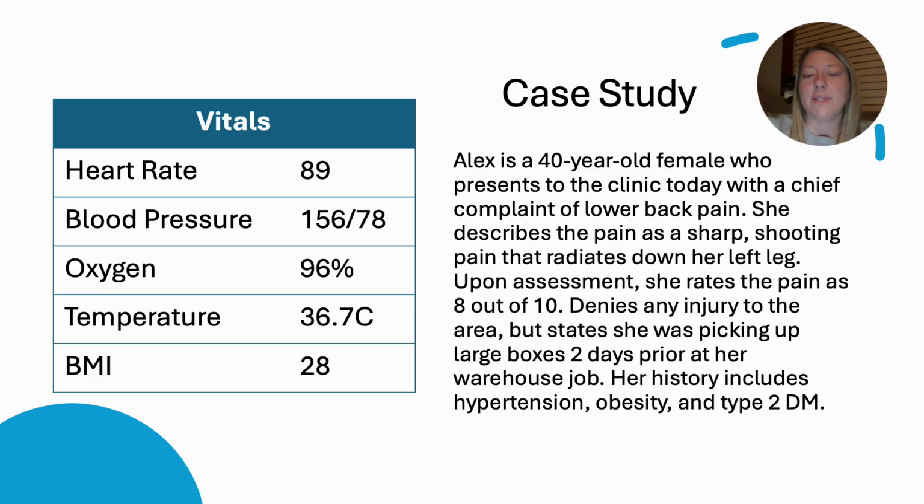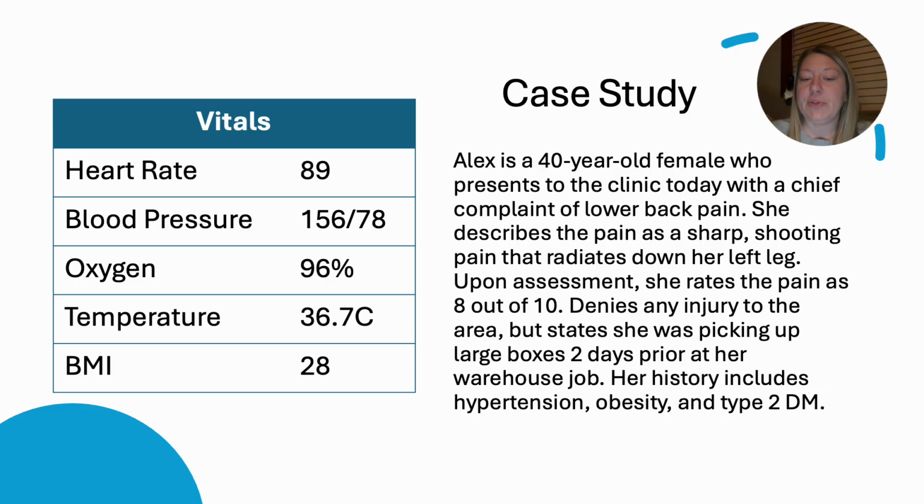All right, and now to the case study. Alex is a 40-year-old female who presents to the clinic today with a chief complaint of lower back pain. She describes the pain as sharp, shooting pain that radiates down her left leg. Upon assessment, she rates the pain as 8 out of 10, denies any injury to the area, but states she was picking up large boxes 2 days prior at her warehouse job.